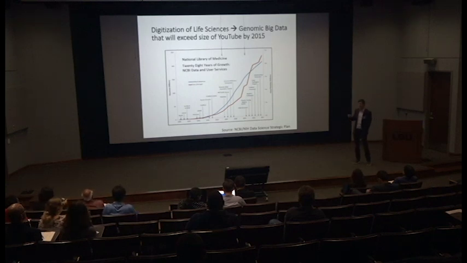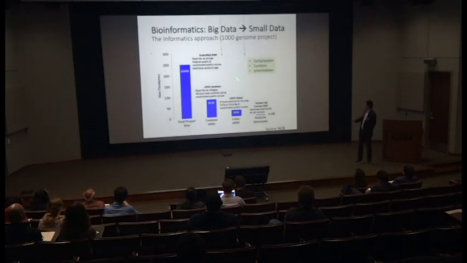But as a bioinformatician, I don't like the fact that we're dealing with big data. Maybe as an IT person, I would like it. I really like this other slide that NCBI provided. They're trying to reduce the data. Initially the 1,000 Genomes Project produced 250 terabytes of data.